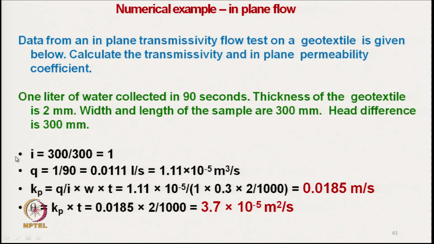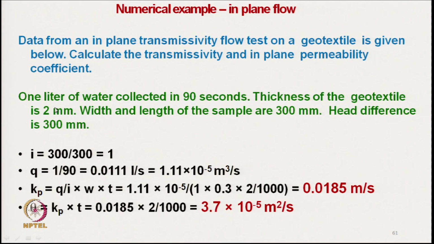I is the gradient, here it is 300. 1 liter of water is collected in 90 seconds, thickness of the geotextile is 2 millimeter, width and length of the specimen 300, and head difference is 300.